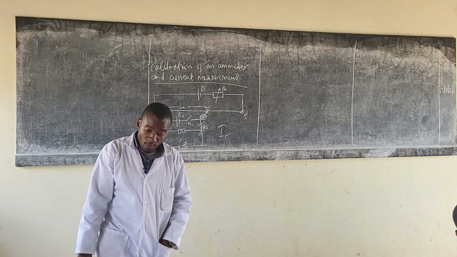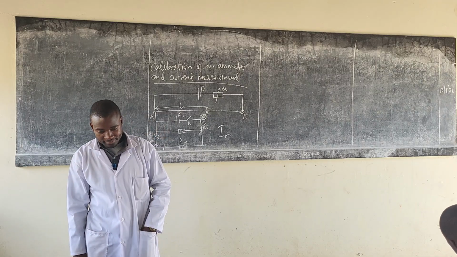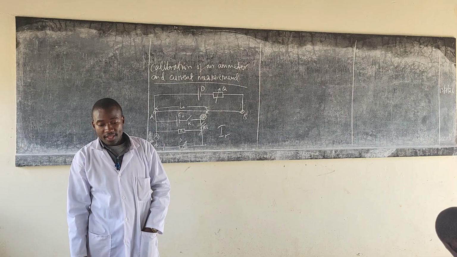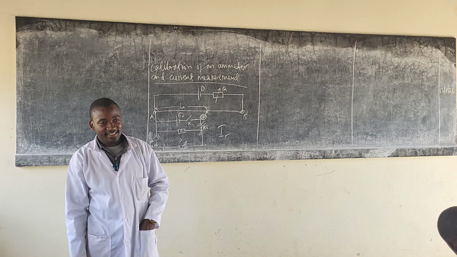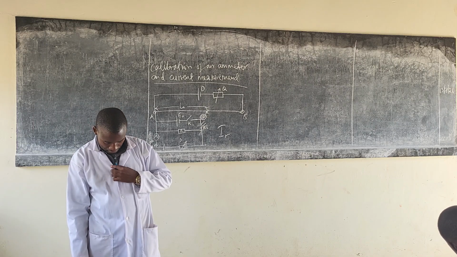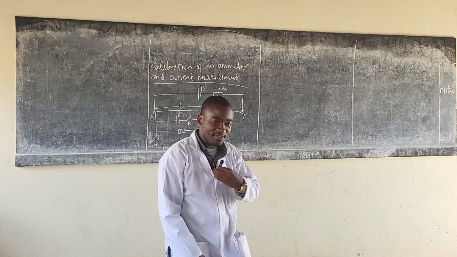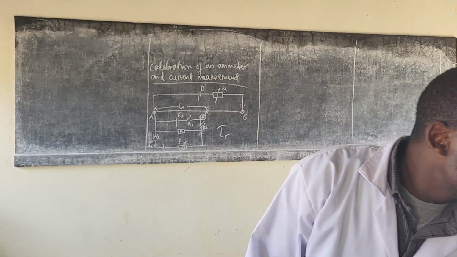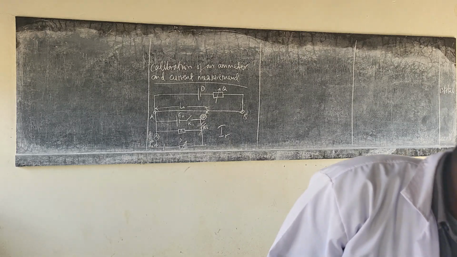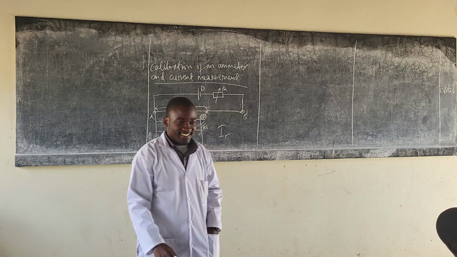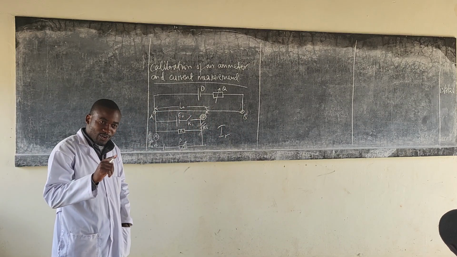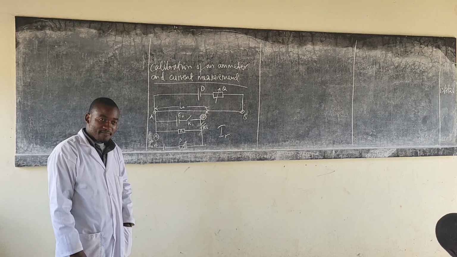Now after that, another bullet: with switch K1 open and K2 closed, tap the jockey along the wire AB until the galvanometer gives no deflection.